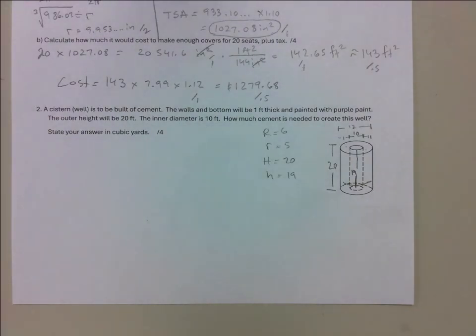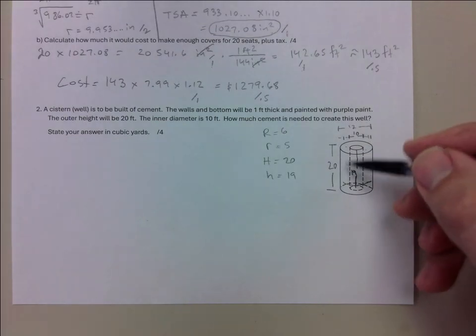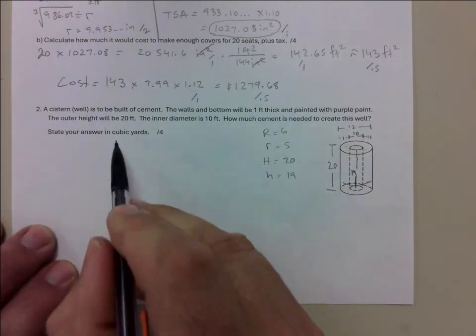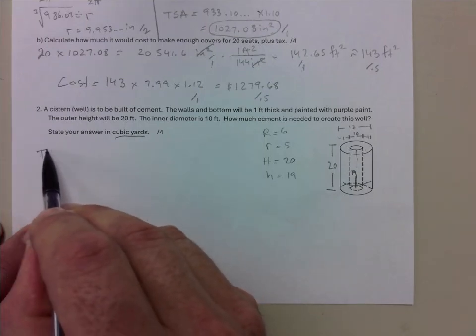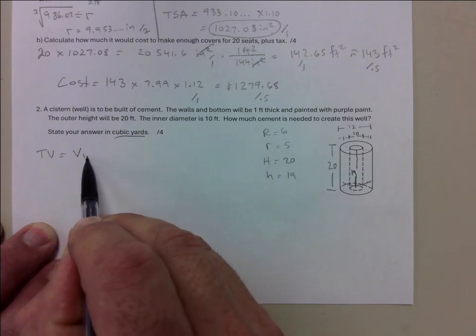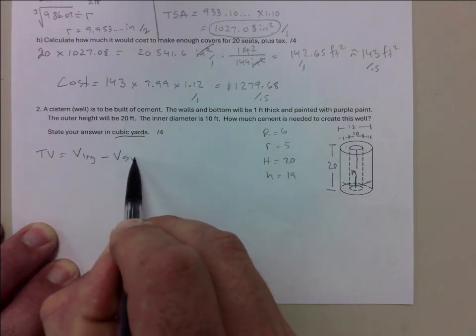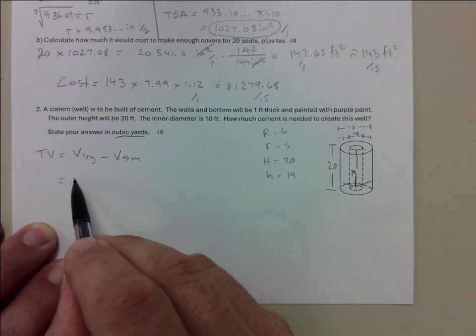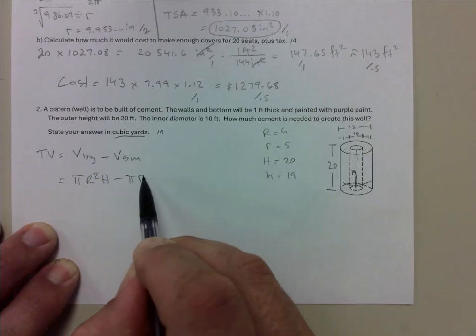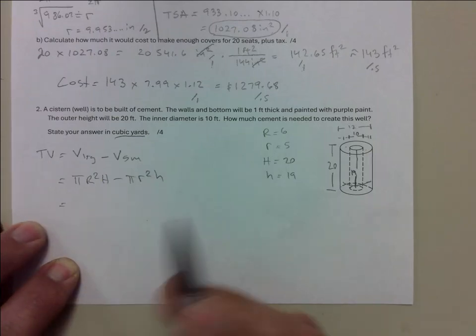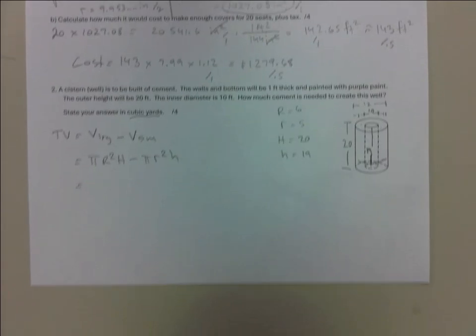So we want to know how much cement, how much concrete is needed to pour this thing, okay? And I want it in cubic yards. So I go total volume, I go volume of large minus volume of small. And so it's really pi r squared h minus pi r squared h. Essentially the formulas are the same, it's just different numbers.